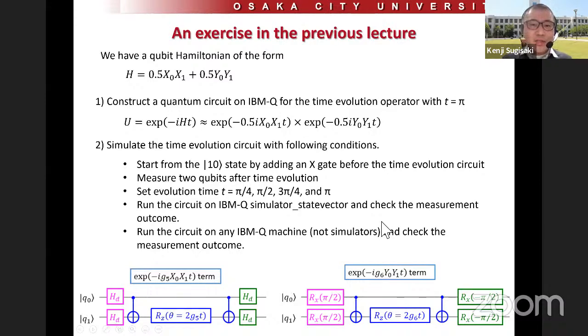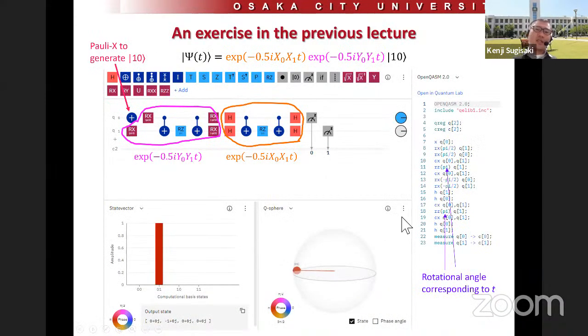And the result is something like this. This is the screenshot of the IBM Q quantum experience website, and this is the quantum circuit for the time evolution operator corresponding to this time evolution. As you can see, first we have to apply an X gate to generate the 1 state, and then we apply the Trotter decomposition.